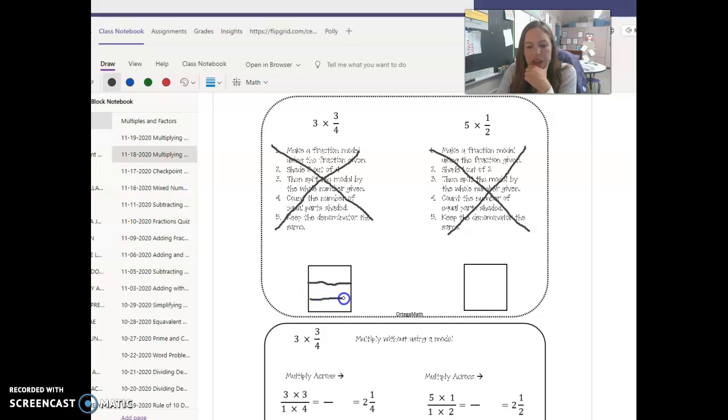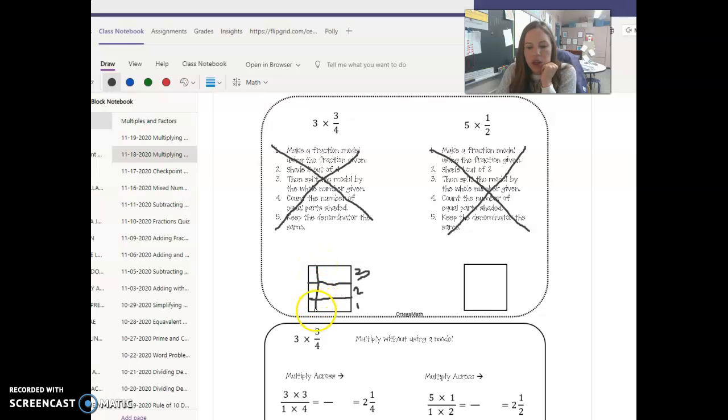Okay, so here we have 3 groups, and they're supposed to be equal, so we have 1, 2, 3 groups right here. And each group is divided into fourths, right? So let's divide our groups into fourths this way.